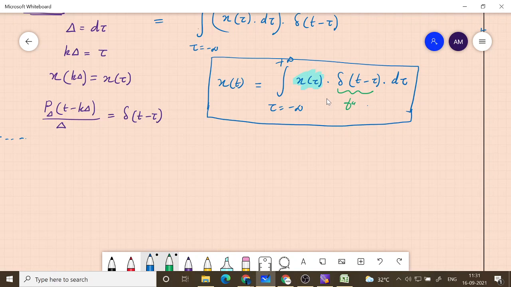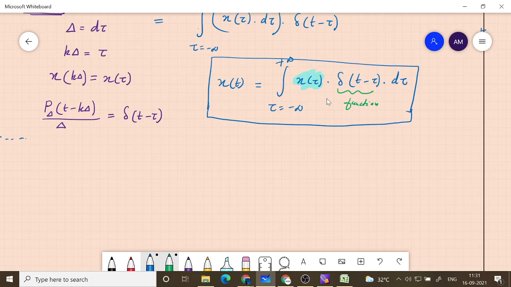The impulse function is shifted by tau units, that is delta of t minus tau. It's a shifted function, and it is multiplied with a coefficient x of tau.